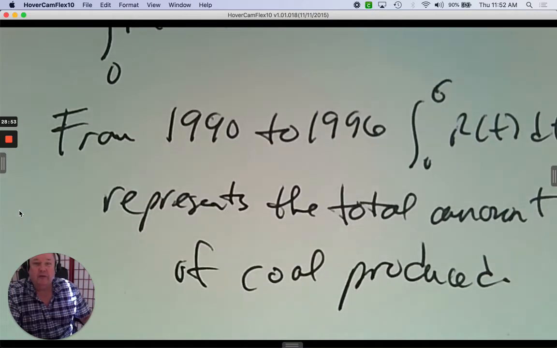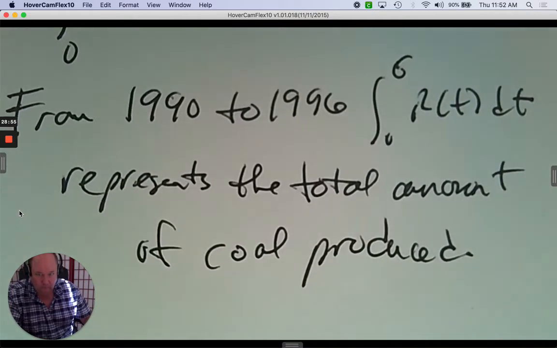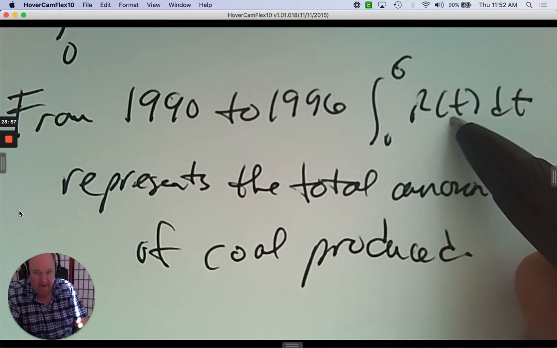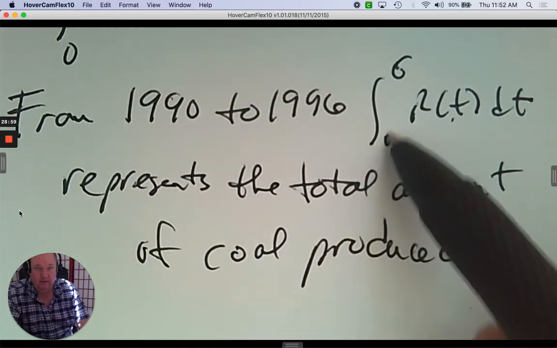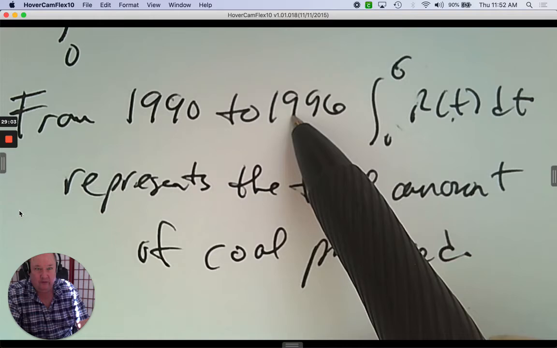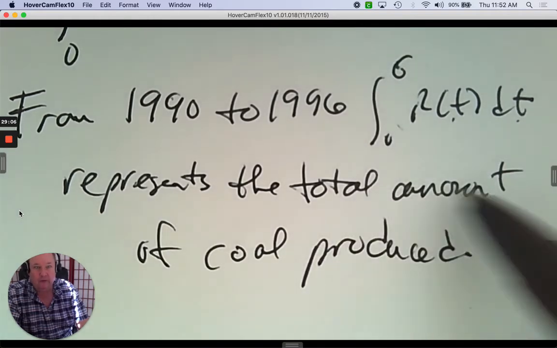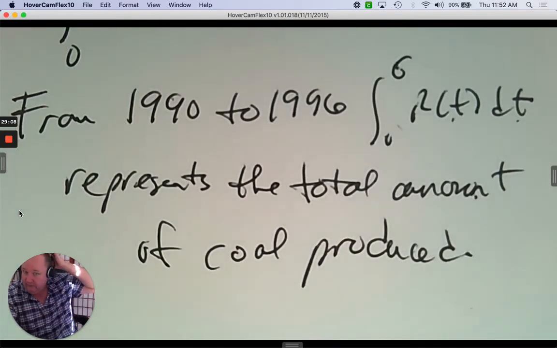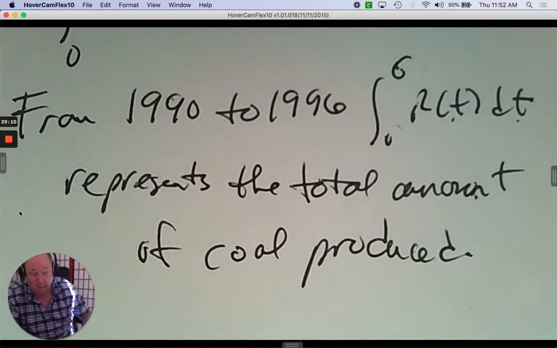So if you're given a rate and you're integrating that rate, then the limits tell me the years. So from 1990 to 1996, the integration of this represents the total amount of coal produced in those years compared to our rate.